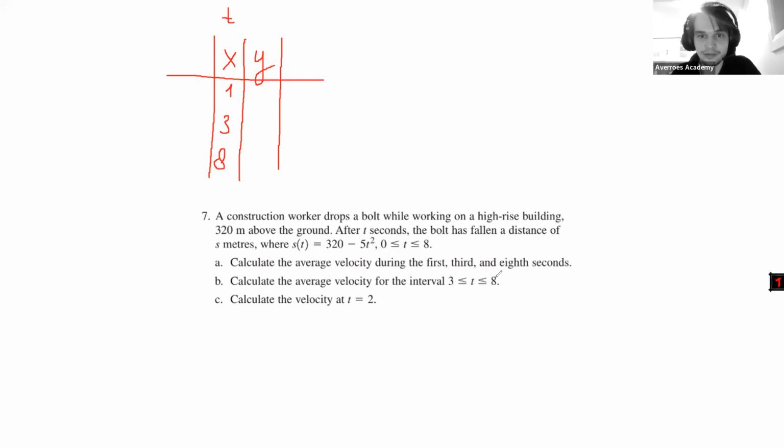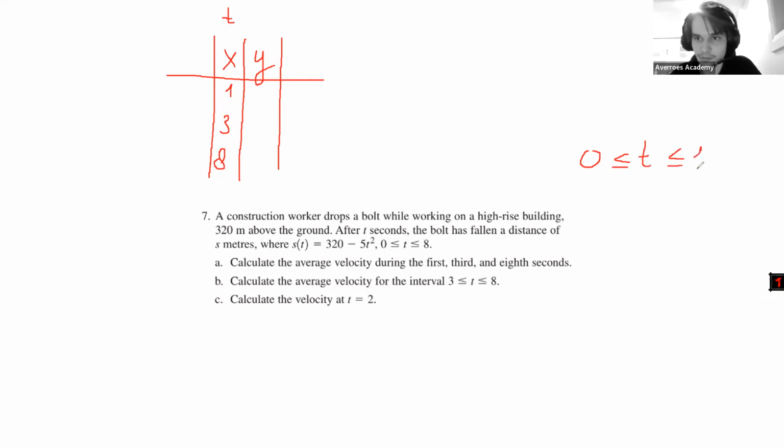How would we measure the average velocity? So average velocity would be velocity in a range from 0 to t, in this case the first.